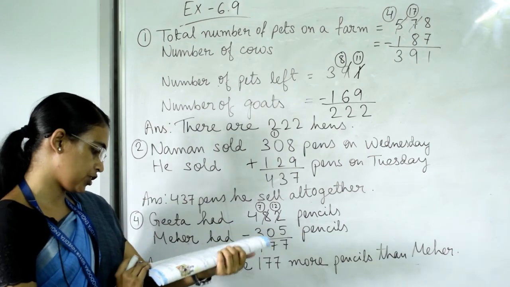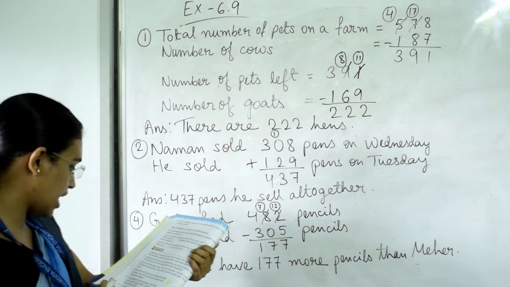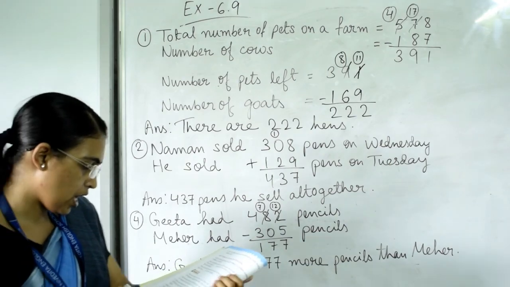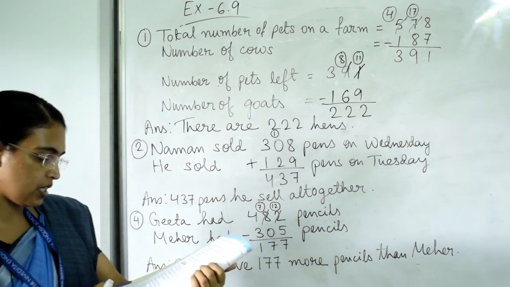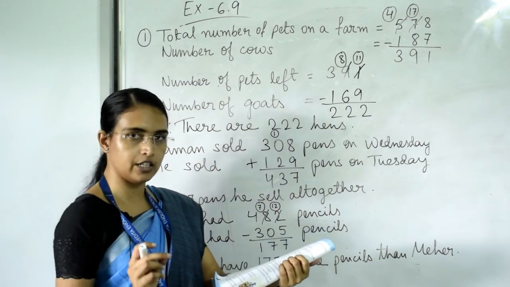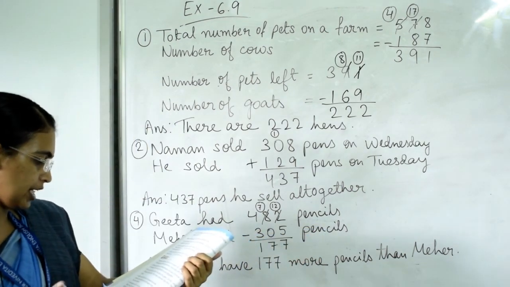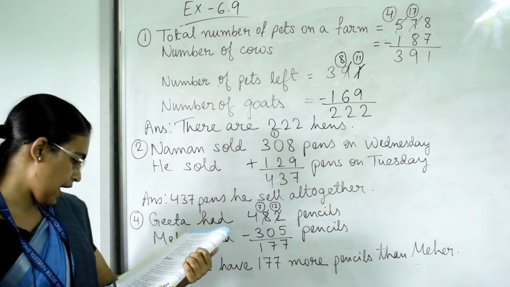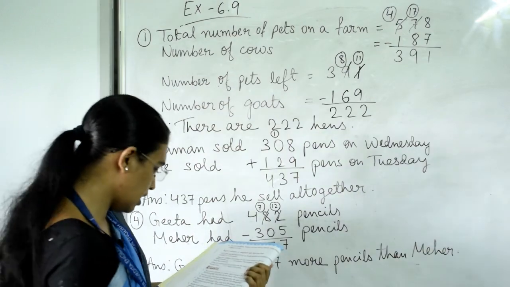Now I will show you question number 4. Meher had 305 pencils and Geeta had 482 pencils. How many pencils did Geeta have more than Meher? So Meher has 305 pencils and Geeta had 482 pencils. So we have to find out how many more pencils Geeta has than Meher.